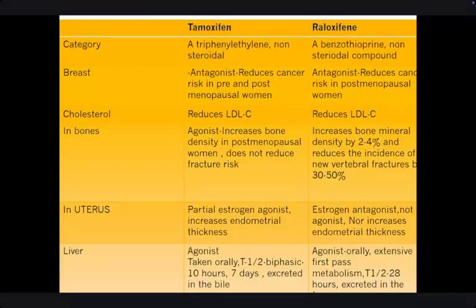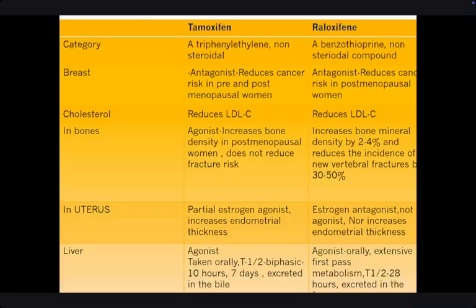On cholesterol, tamoxifen reduces LDL, just like raloxifene. In bones, tamoxifen is an agonist and increases bone density in postmenopausal women, though it does not reduce fracture risk. Raloxifene is the better drug: it increases bone mineral density by 2 to 4% and reduces the incidence of new vertebral fractures by 30 to 50%.